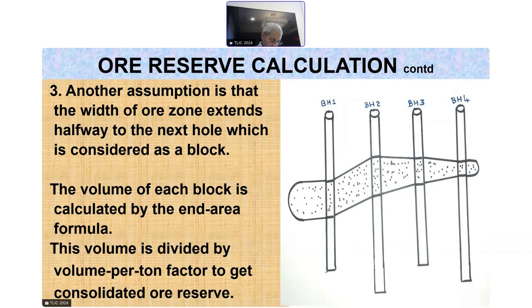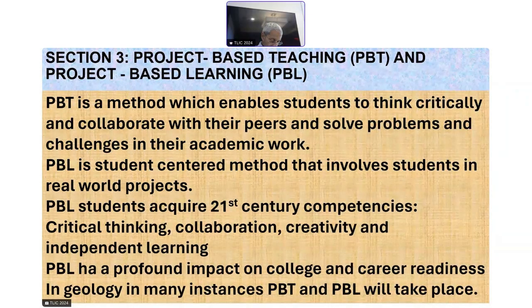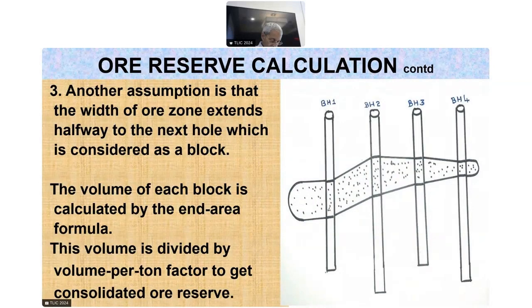So what I said, we have to calculate the volume. The cross-sectional area is average multiplied by distance. Now we have the volume, but we need to find out the weight. How many tons of ore is there? One section area, area is easy to calculate there.